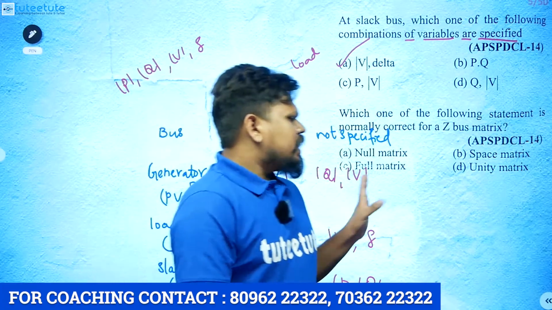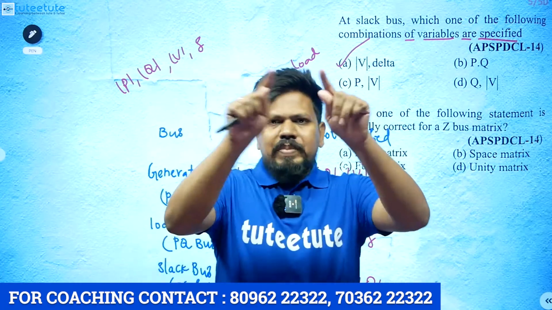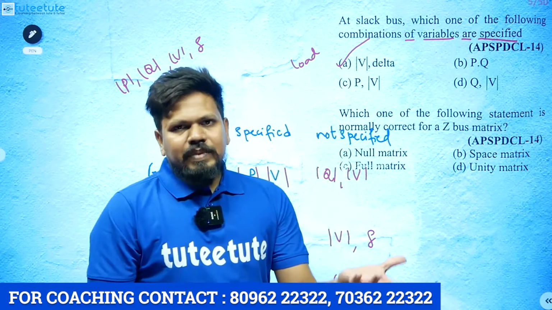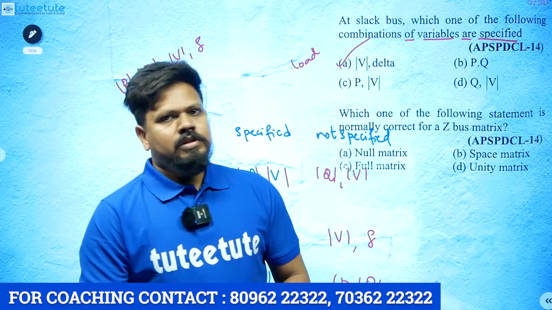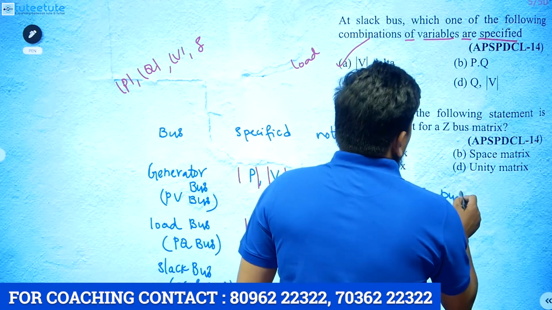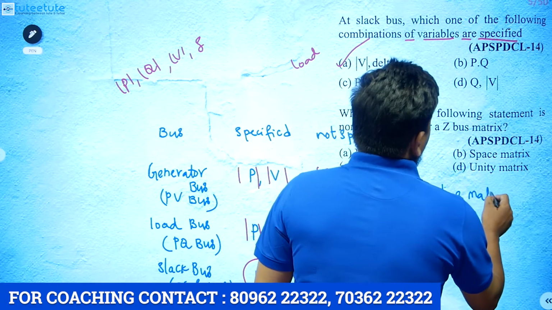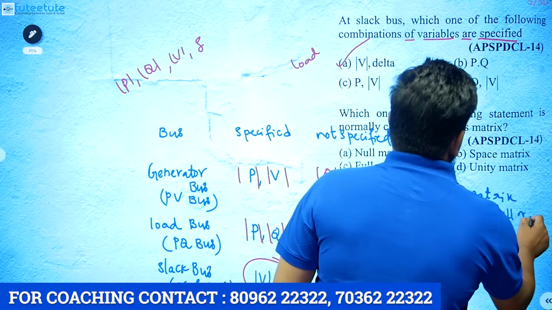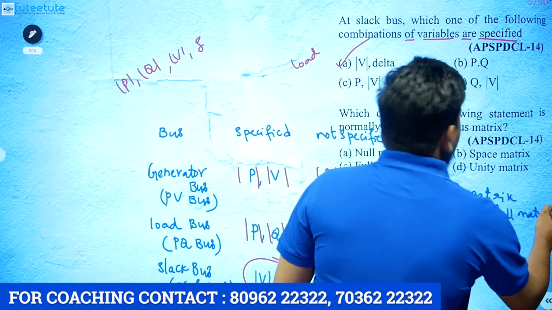Understanding, right? Whenever you write them like this, they are represented in terms of a matrix. Which matrix can you represent? Either Z bus or Y bus. If it is a Z bus representation, the Z bus matrix is a full matrix. Why is it a full matrix?